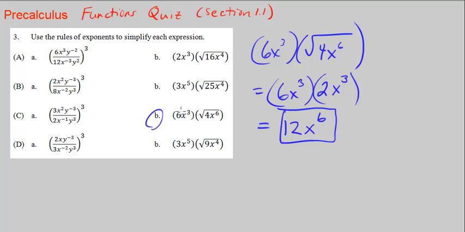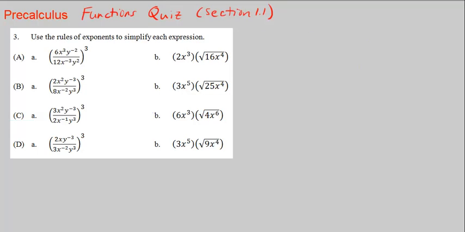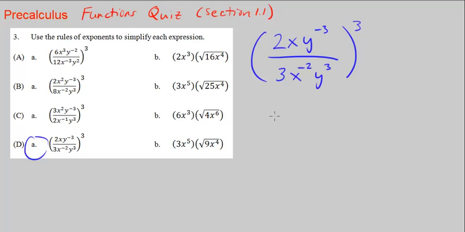Okay, so finally, let's look at version D of this quiz. And let's start with looking at part A. So 2xy to the negative 3 over 3x to the negative 2 y cubed, all of that cubed.